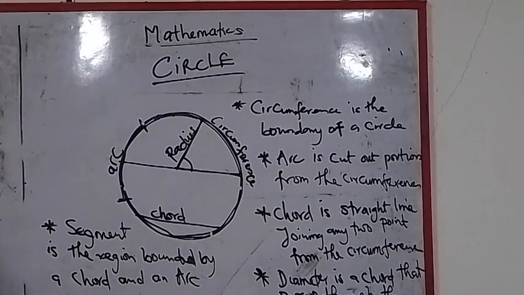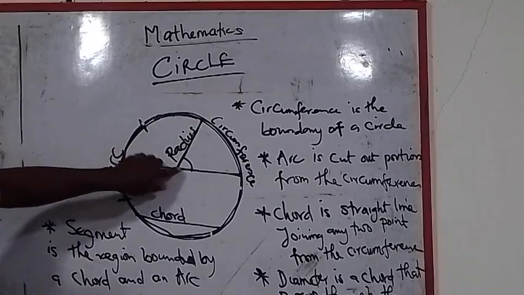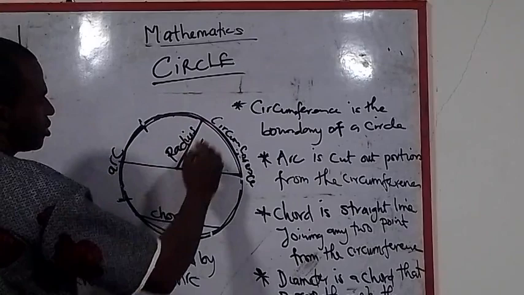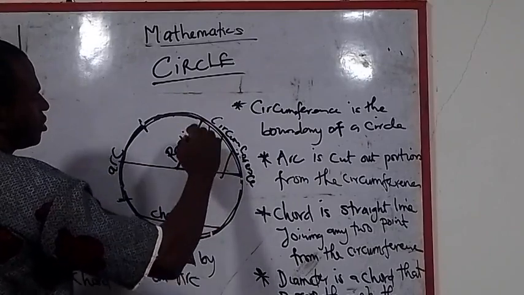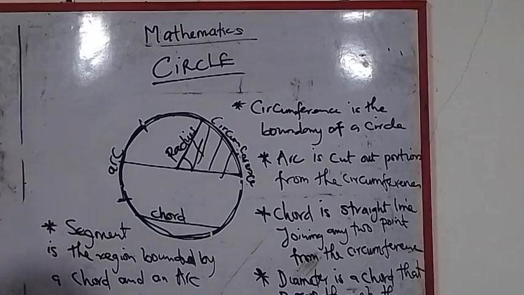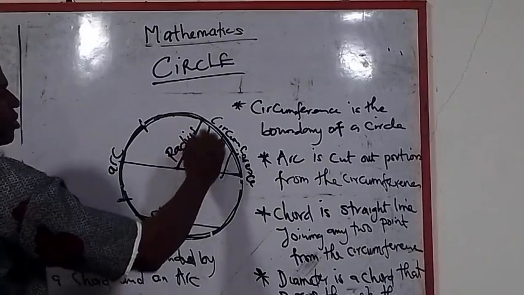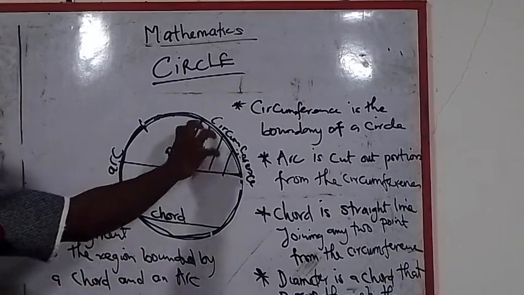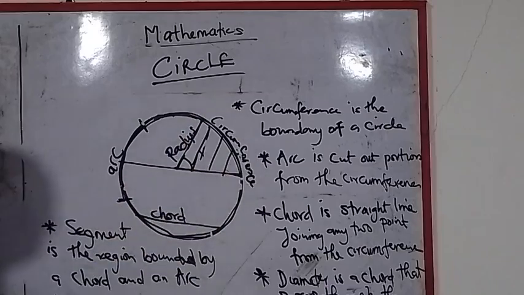So sector is a region bounded by two radius, 1, 2, and an arc. So this area here is called the sector. That region bounded by two radius and an arc is what we call a sector.